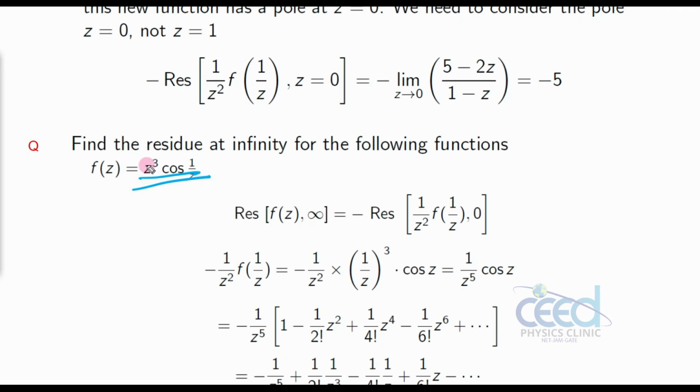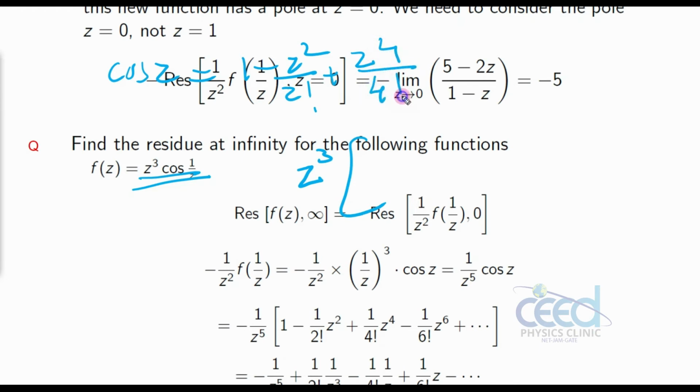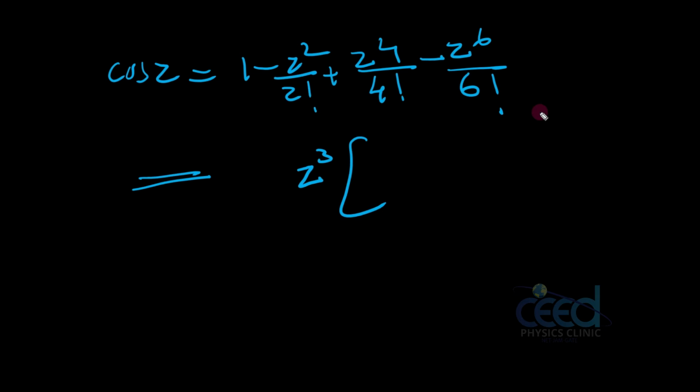What is z cube? I can take z cube out. And what is cos 1 by z? Cos z by Taylor series expansion is 1 minus z square by 2 factorial plus z raised to 4 by 4 factorial minus z raised to 6 by 6 factorial. This is the formula which we have studied for cos z using Taylor series.